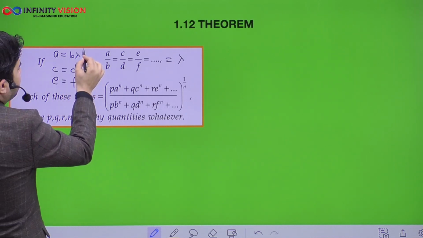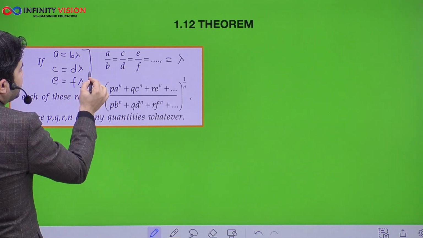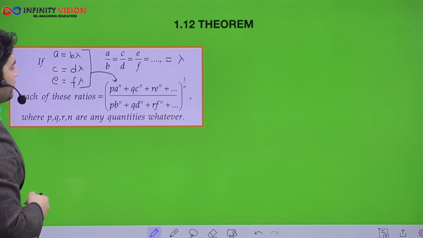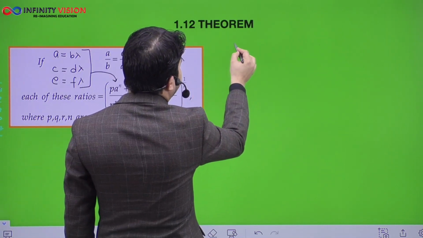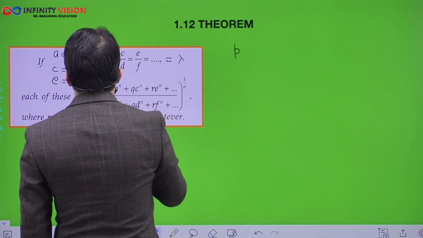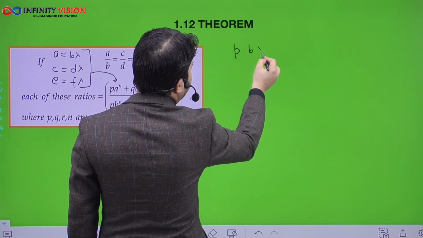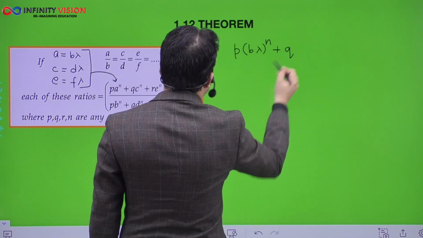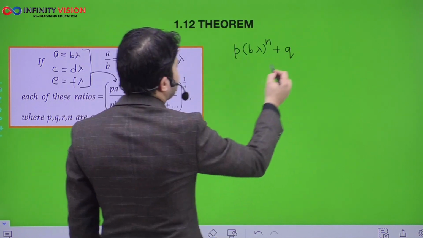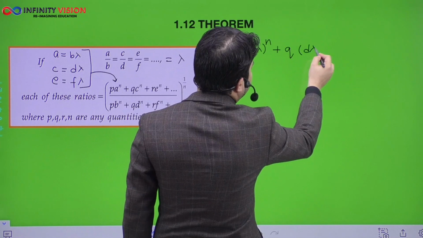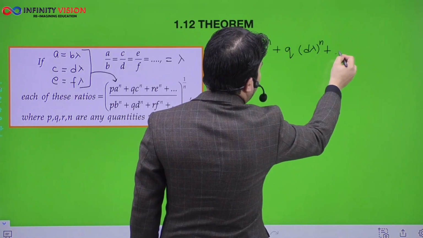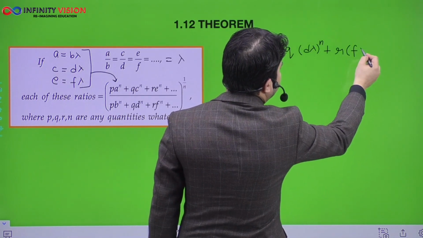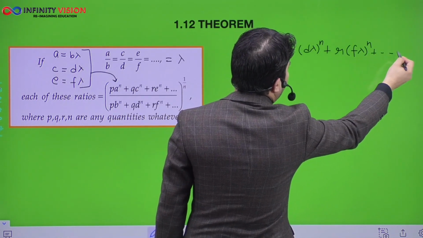Now you can substitute the values of a, c and e in the numerator. So what you will get as a fraction, you will get P, and a can be written as (b lambda) to the power n, plus Q, and c can be written as (d lambda) to the power n, and R into e can be written as (f lambda) to the power n, and so on.